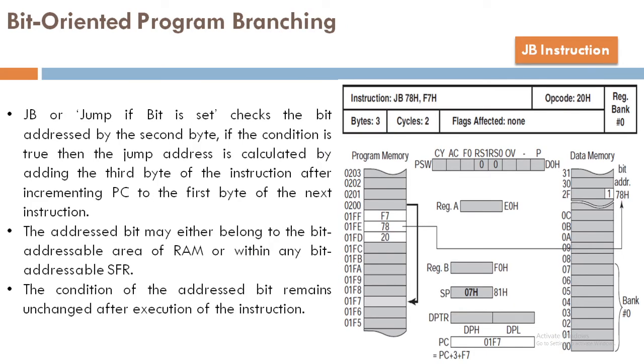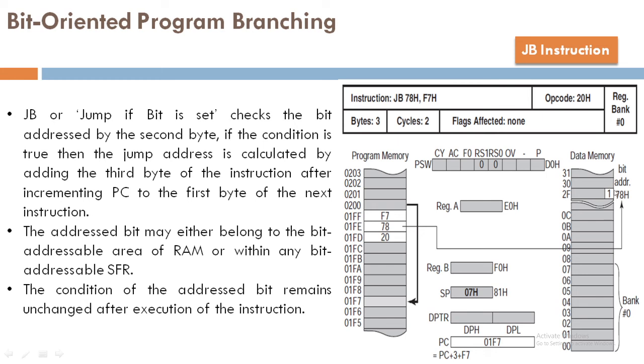Now here also it is the same thing, but in this case it is a bit more complex. It is a 3-byte instruction, it takes 2 cycles, and none of the flags get affected. In this case we have the operational code, which is 20, written across 01 FD. After that, there is a bit address provided, that is 78. The condition is that it will check that particular location.